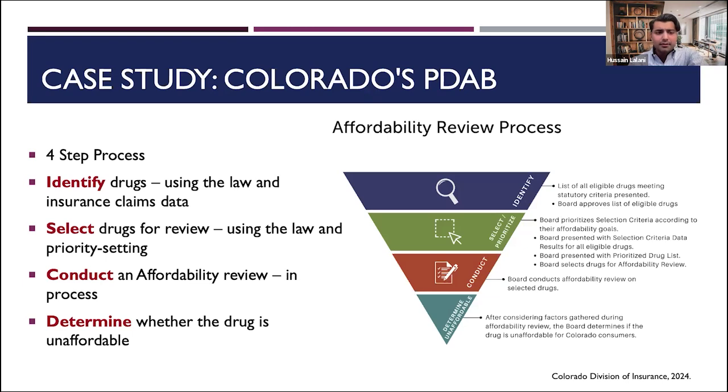And then the last step is to determine whether the drug is, quote, unaffordable. Note here that this is an important piece, because we're not saying if the drug is affordable. We're saying, is the drug unaffordable? And it'll be an important distinction to keep in mind. So this is how Colorado's PDAB is set up.